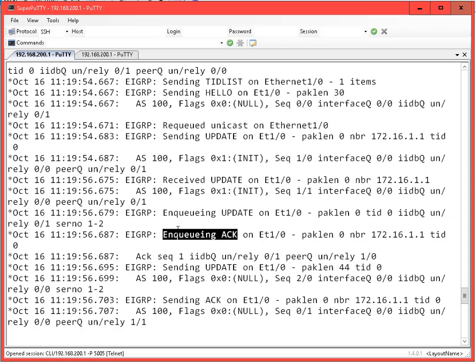As soon as I started EIGRP on that WAN link, I sent out and received a hello packet. The hello packets are unidirectional. They're not acknowledged. So I send hellos independent of whatever hellos I might receive on the link. When I did get a hello packet back from the HQ router, I formed that adjacency. We saw that happen. And then I started doing my periodic checks, sending out a hello every 5 seconds, because this is an Ethernet connection and it's faster than 1.544 megabits per second.